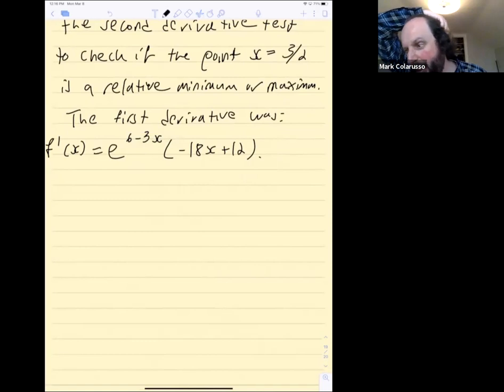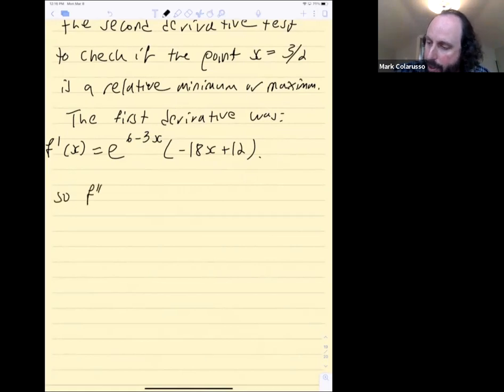I could factor out a 6 from inside this factor, but that's not going to do much good for us. So f double prime at x is the derivative of this guy.